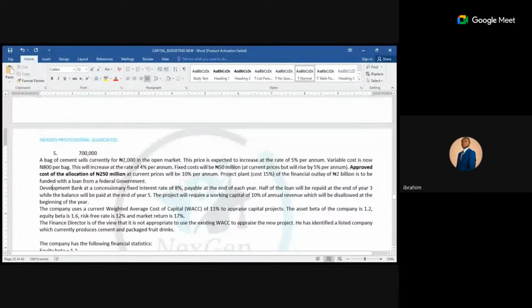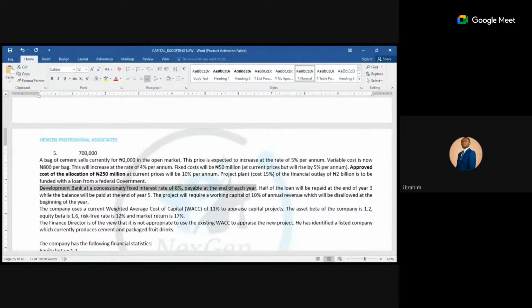Now, development bank at concessionary fixed interest rates. We have a development bank at a concessionary fixed interest rate of 8%, payable at the end of each year, right? They have a cost of borrowing to be 8%. That is the cost of debt at the end of each year.